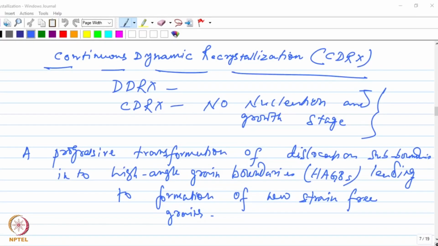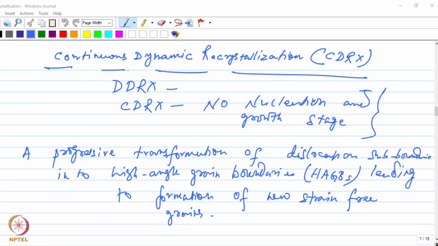So our topic of discussion right now is dynamic recrystallization, and in the previous lecture we started discussing the mechanisms of CDRX. Okay, so let's take a quick recap of the previous class before we proceed today.